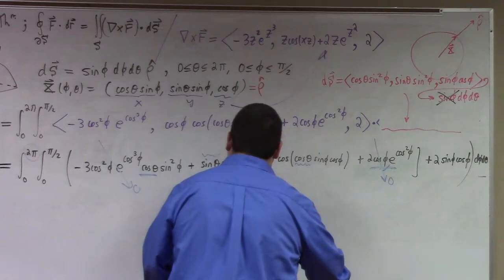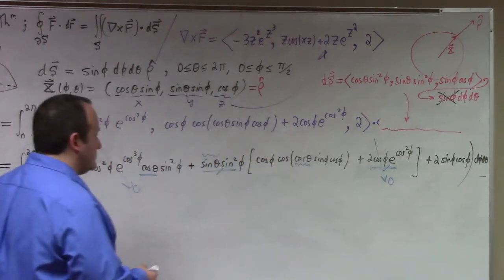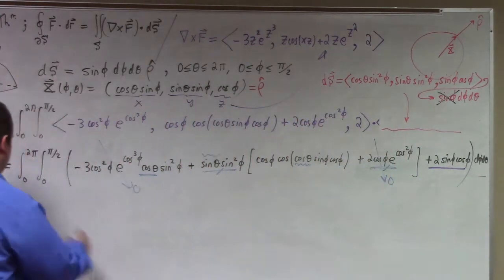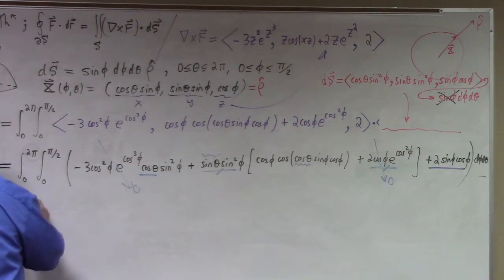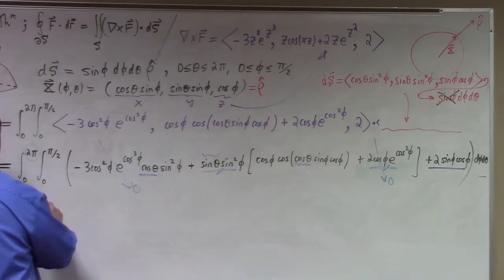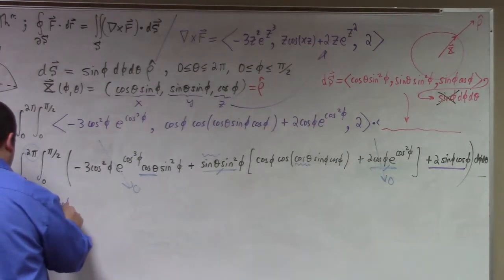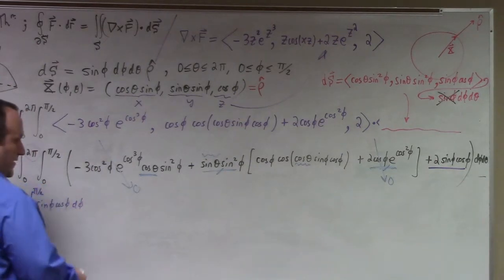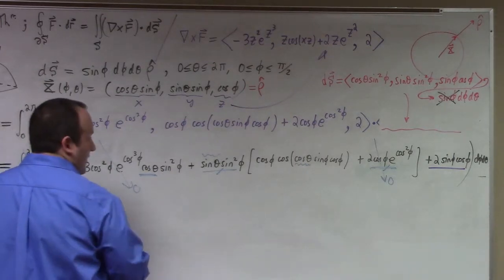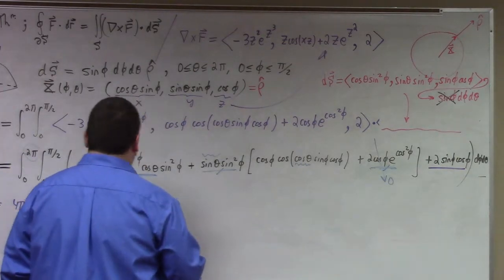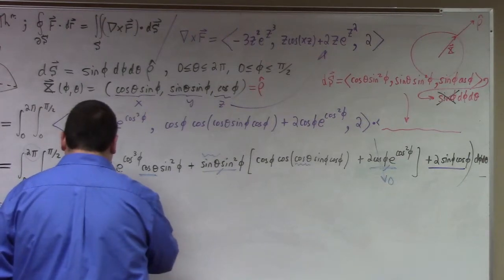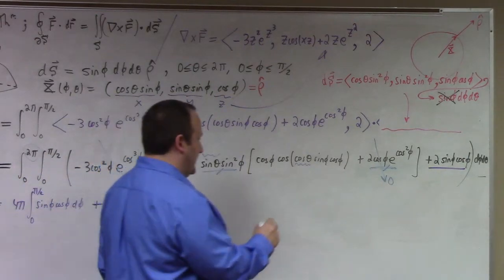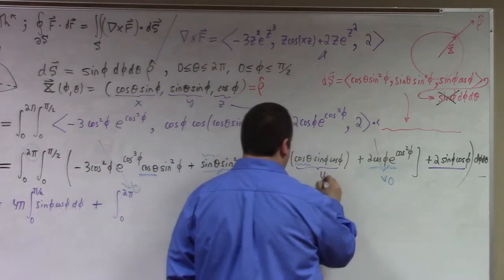If you don't mind, I'm going to start with this term here, which gives me 4 pi times the integral of sine phi cosine phi d phi from 0 to pi over 2. And then I also have to add the other term, from 0 to 2 pi. I'm going to have to make this a u.